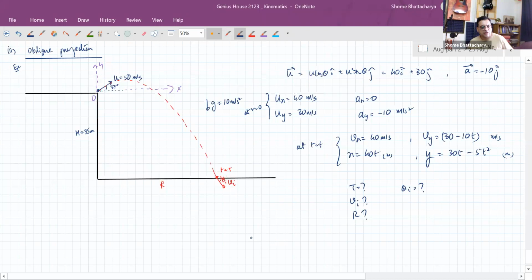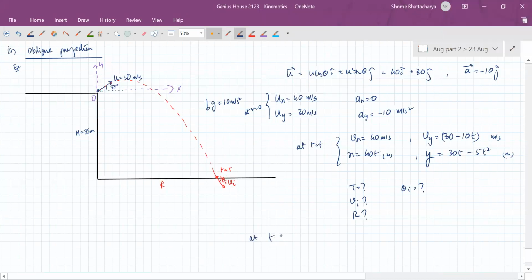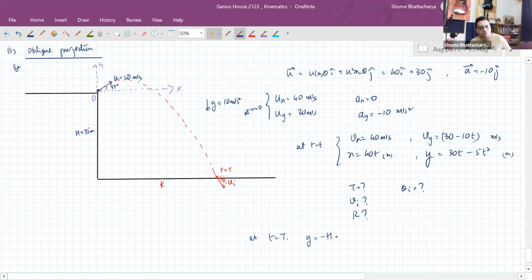You can see that at t equal to capital T, what should be the y coordinate? It should be minus h, so it should be minus 35 meters. So from this equation here, we have minus 35 is equal to 30t minus 5t square.